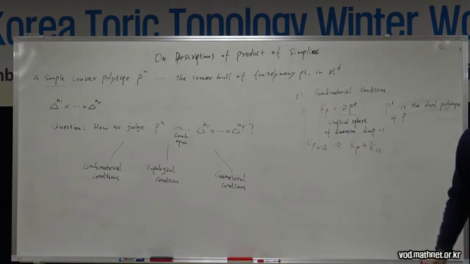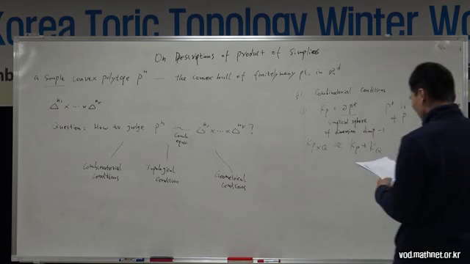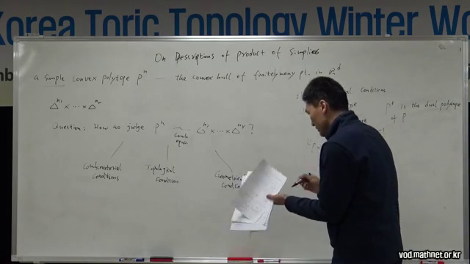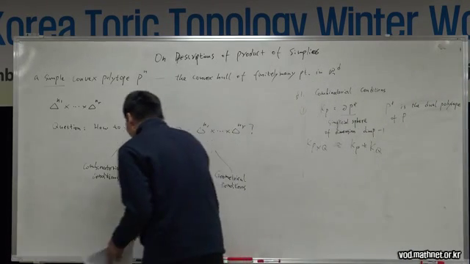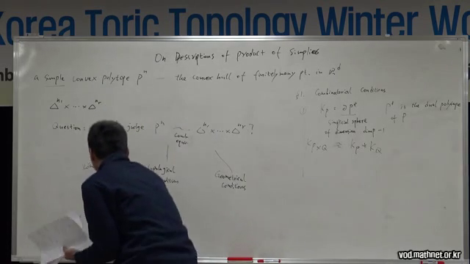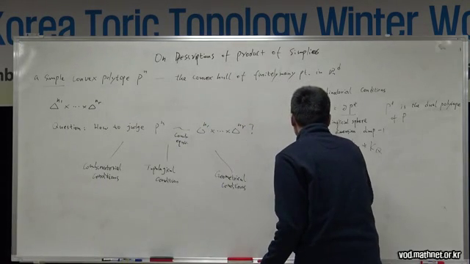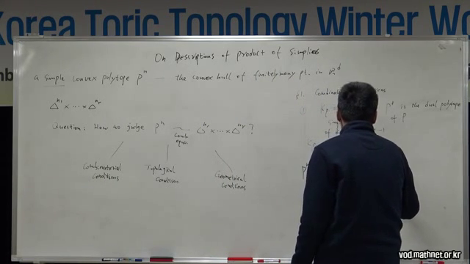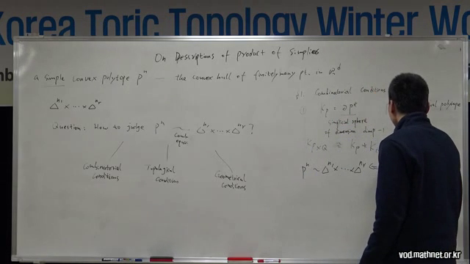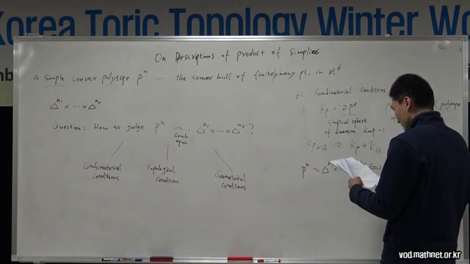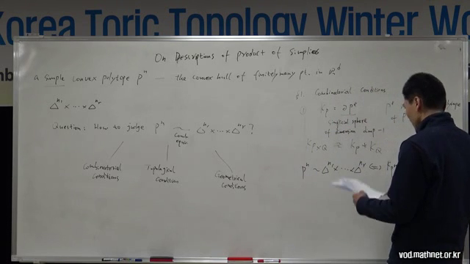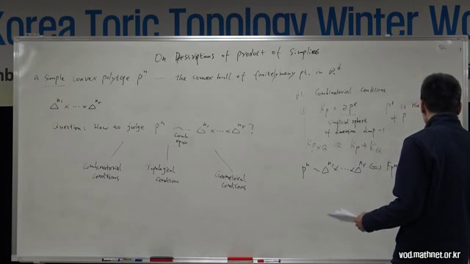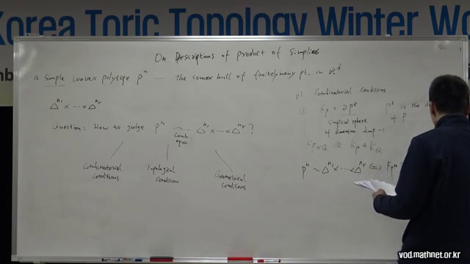And from this viewpoint, we can easily show that P^n is equivalent to a product of simplices if and only if K_(P^n) is simplicially isomorphic to the join of the boundaries of simplices.